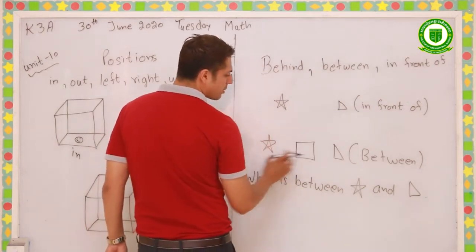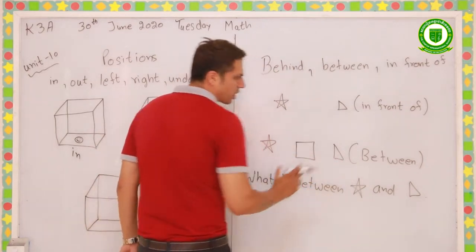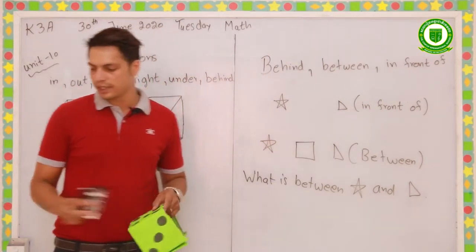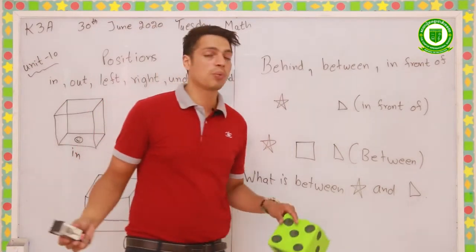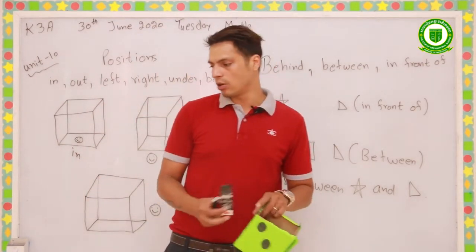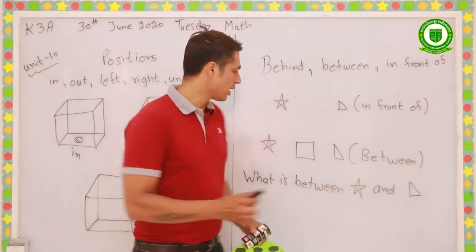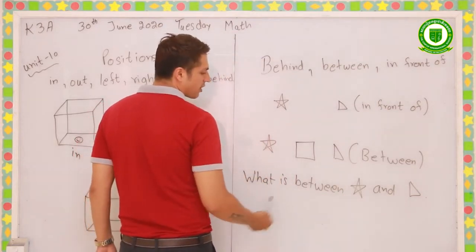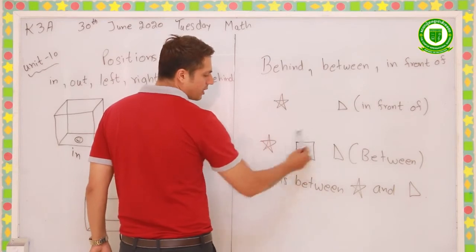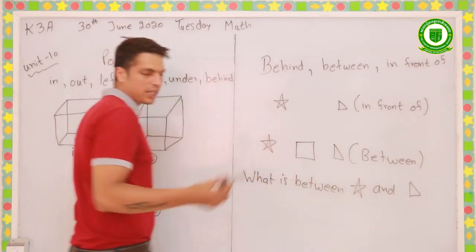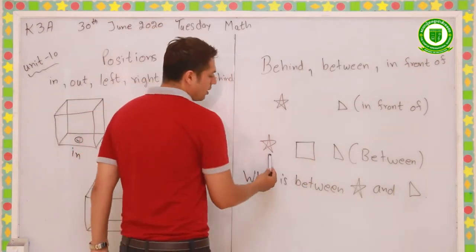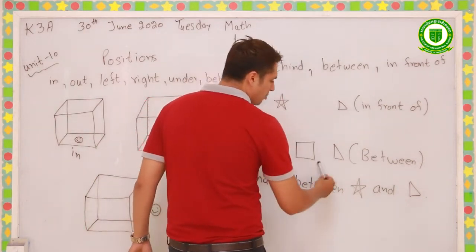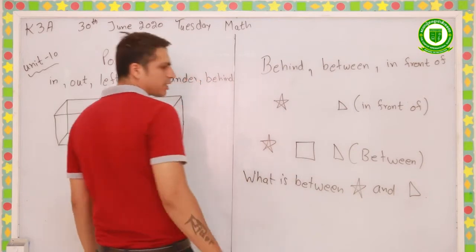The square is between the star and the triangle. If we have three or four things, what is in the middle? That is between.